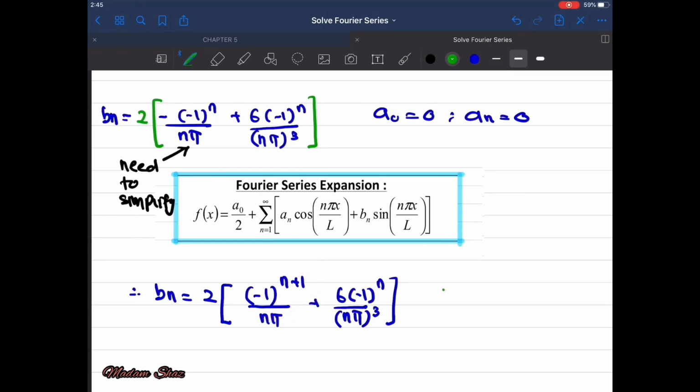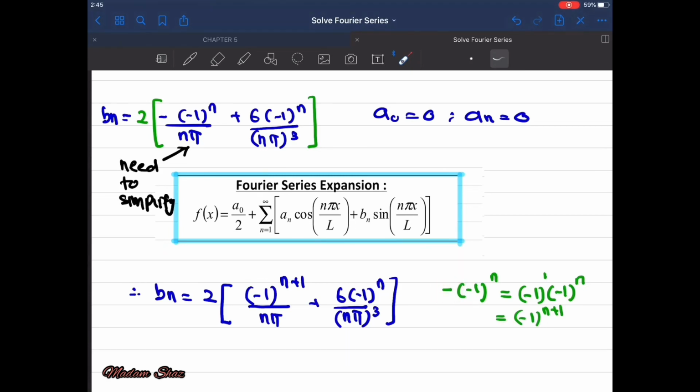It's because we have negative 1 the power of n is equal to negative 1 multiply negative 1 the power of n. So negative 1 the power of 1, we can simplify the power here, n plus 1. So that's why from negative here we change it become positive.